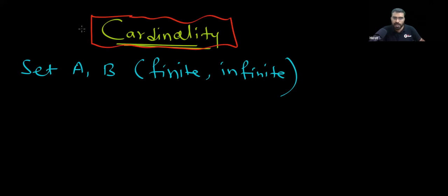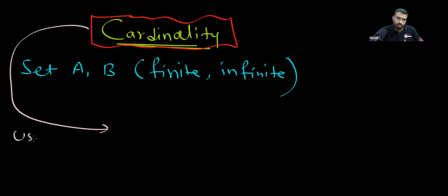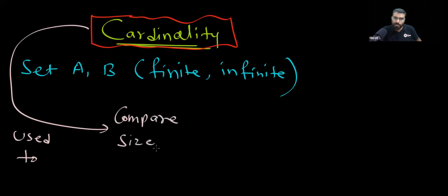This cardinality is used as a comparison, used to compare the sizes of A and B. We will not count the number of elements in A, and we will not count the number of elements in B.